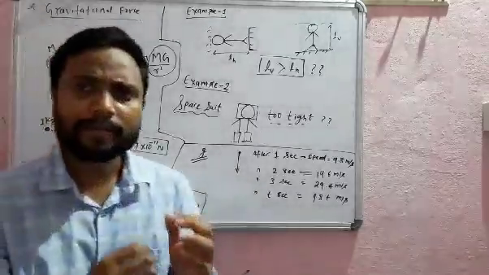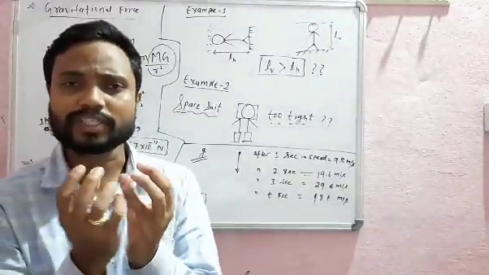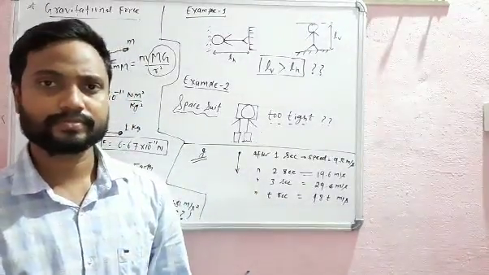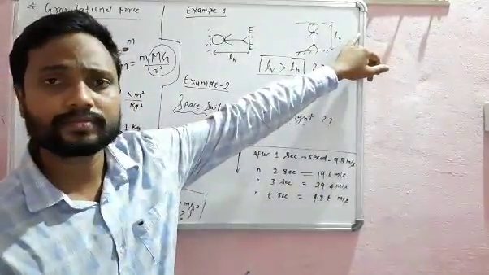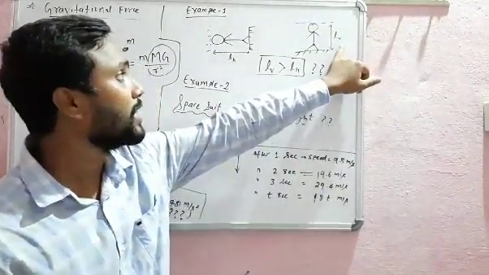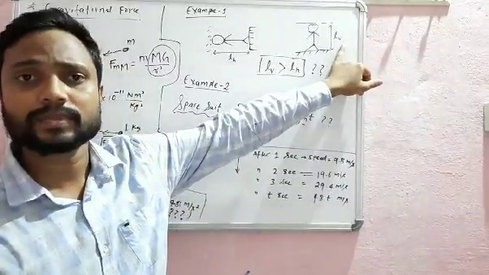Now take an interesting example to understand the effect of gravity. There is a man standing vertically, and his height is, let's say, L sub v.